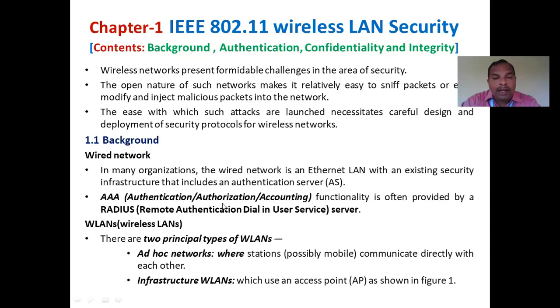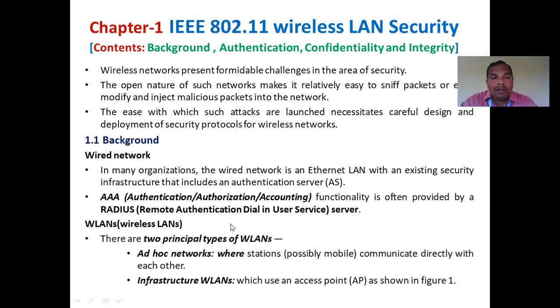Once they are authenticated, they check whether they are certified by the certified authority or not. That is called authorization. Once the authorization is completed successfully, they will be counted. Hence it is called accounting. These three functionalities are provided by a server called a Radius server. Radius stands for Remote Authentication Dial-in User Service. So this is about the wired network.